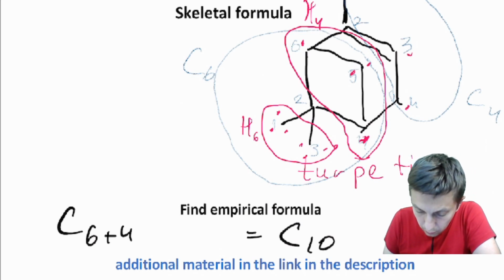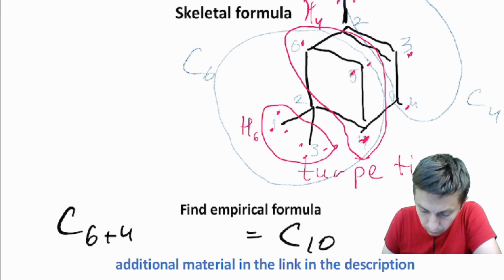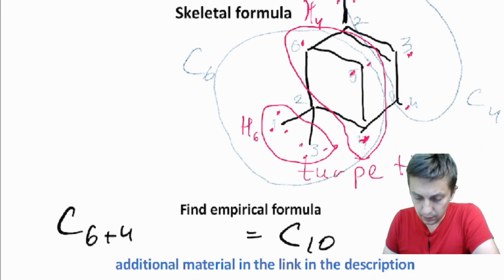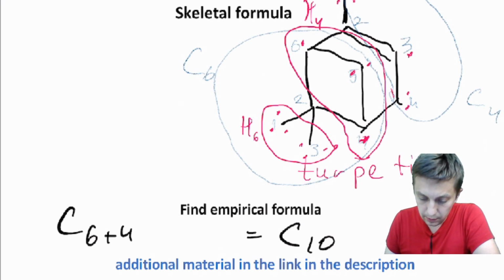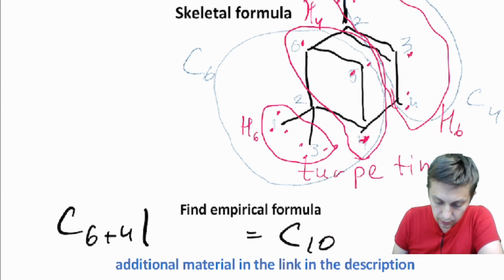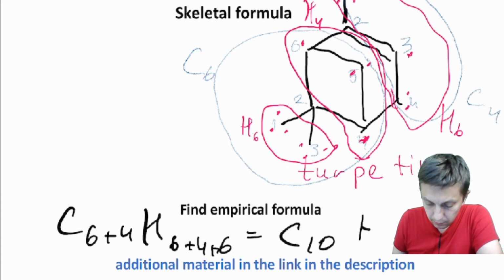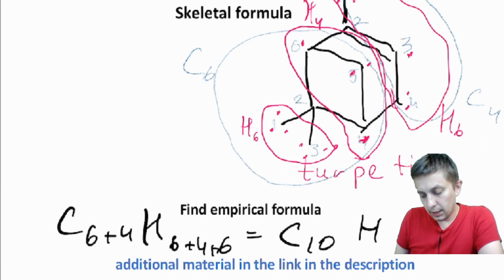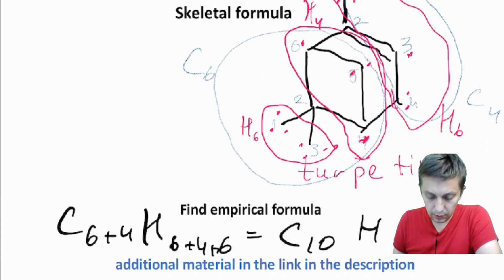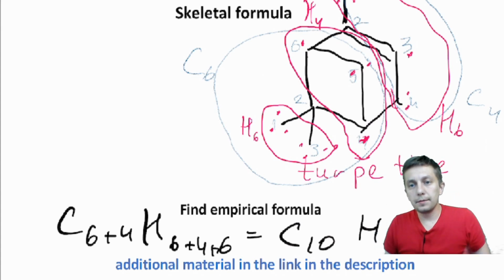And 1, 2, 3, 4, 5, 6. In this fragment it's H6. So we have hydrogen 6 plus 4 plus 6, or C10H16. 16 looks right.